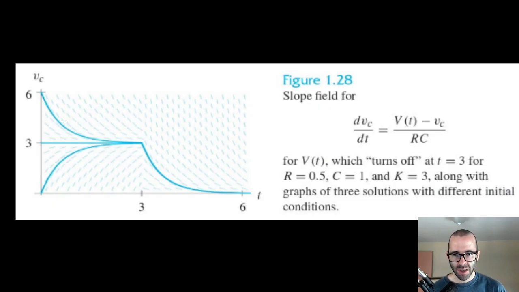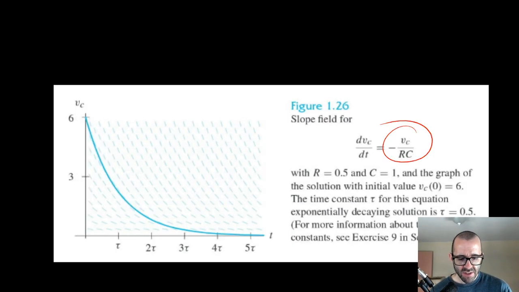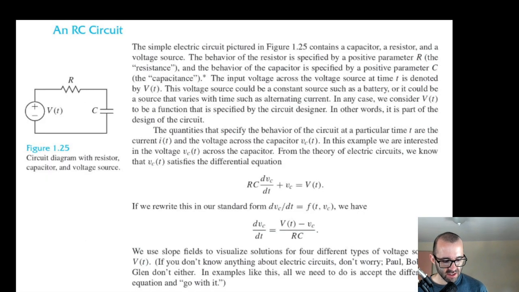The voltage exponentially approached the constant source, and then the source turned off, and the voltage across the capacitor exponentially approached 0, the new voltage source. So the summary is that when we're looking at this RC circuit model governed by this differential equation, the voltage across the capacitor is exponentially approaching the voltage source, and that source may change over time.